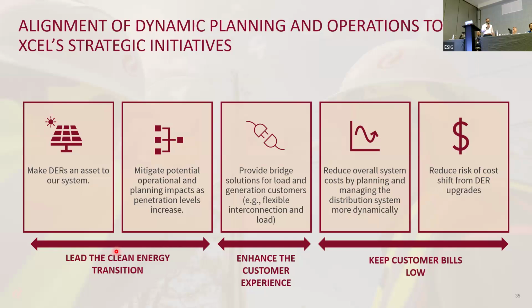So I'll talk through each of the key aspects of the slide here and how that relates to what we're trying to do strategically as a utility company. If you look at the first box about making DERs an asset of the system, you think about where we've come from as an industry. The first generation of solar and DER was really about direct customer benefits.